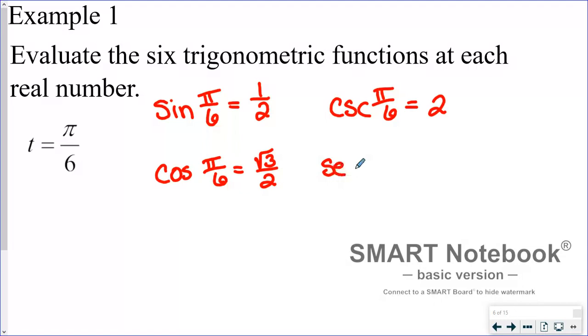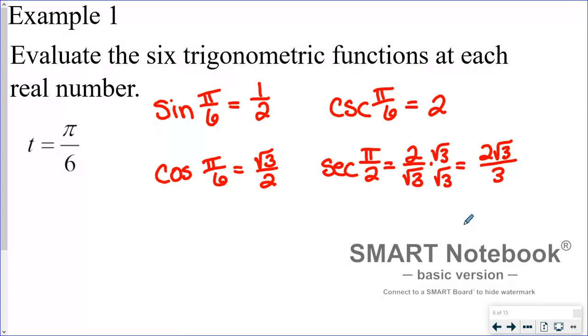We know that secant is the reciprocal of cosine. So 2 over square root of 3, but you can't have that, right? So then we're going to have to rationalize. Multiply numerator and denominator by the square root of 3, and we're going to get 2 square roots of 3 over 3.